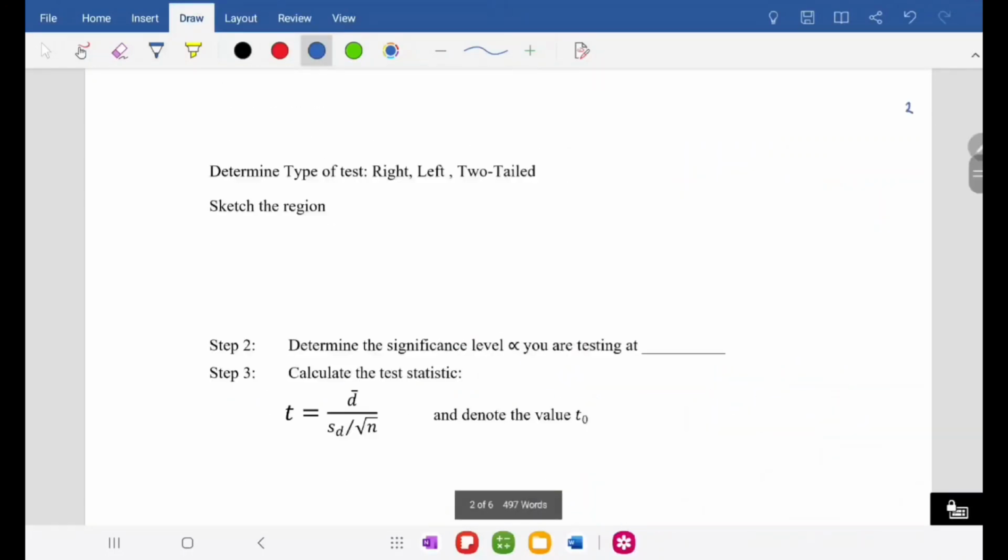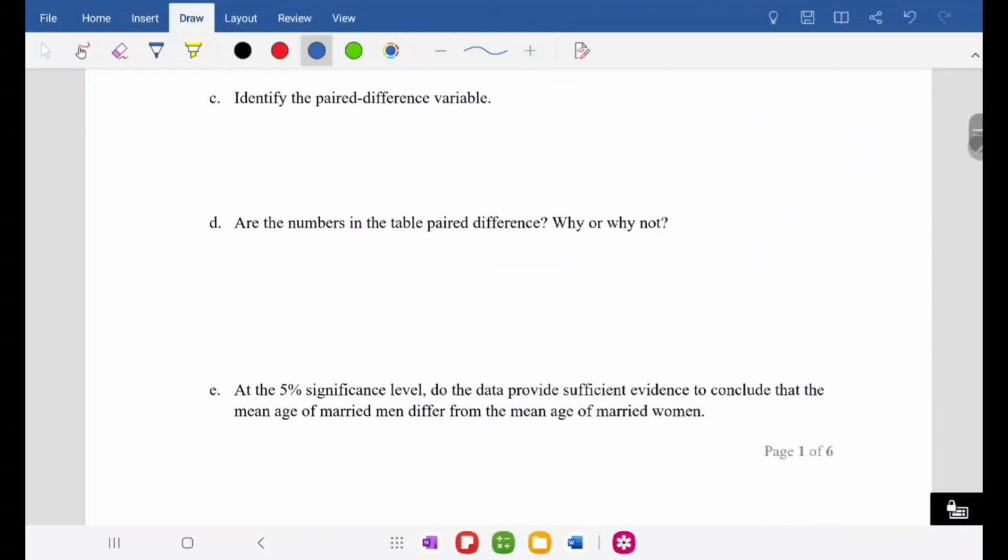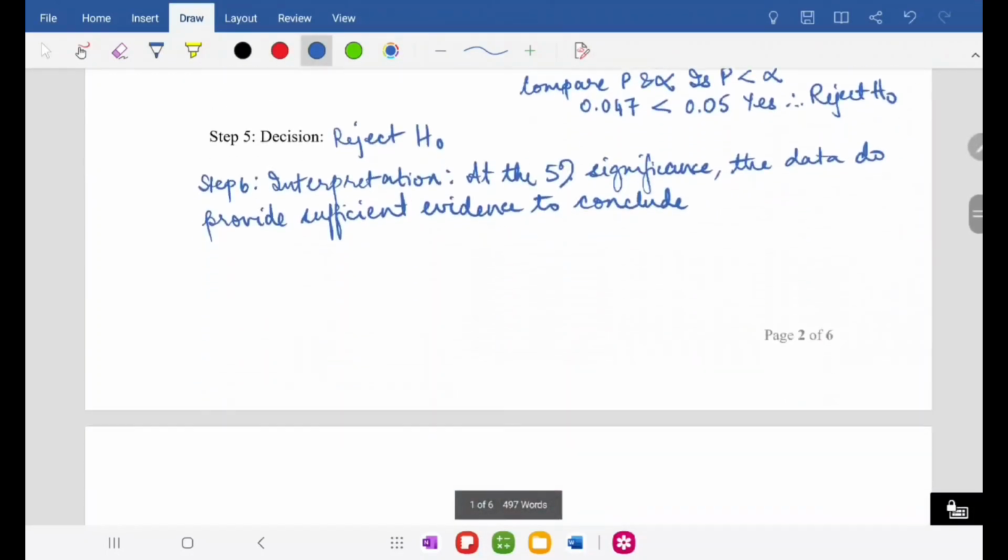so I'm going to go back to my question and get the verbiage from there. It says, to conclude that the mean age of married men differ from the mean age of married women. So let's do that.